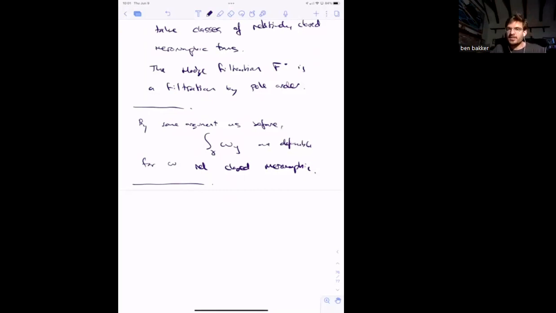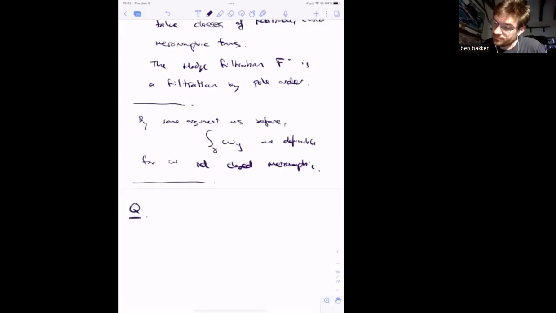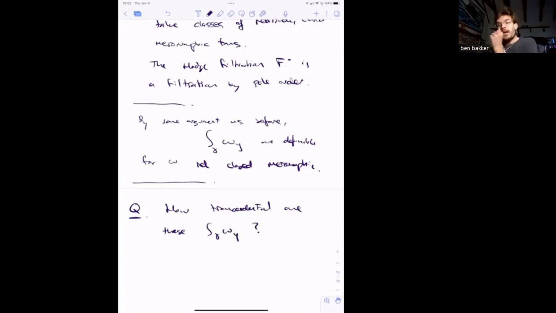They're very transcendental functions, often not going to be algebraic, but we can ask the question: how transcendental are these functions? And the answer depends a lot on the geometry of the family.